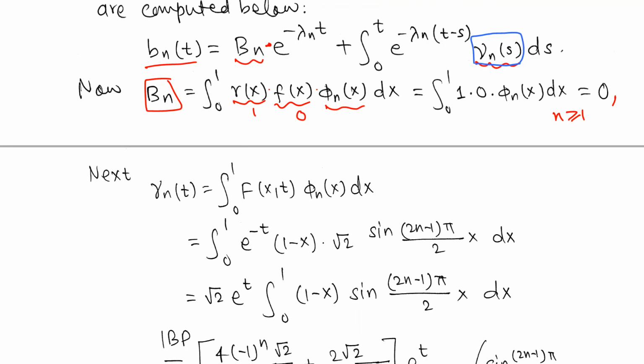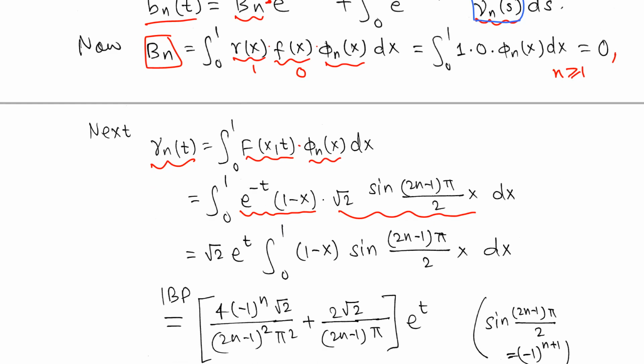By the formula, nu_n as a function of t is the integral from 0 to 1 of F times phi_n(x) dx. These are the non-homogeneous term in the given heat conduction problem, that is e to the negative t times (1 minus x), times the normalized eigenfunctions that we found, and this integral is with respect to x.